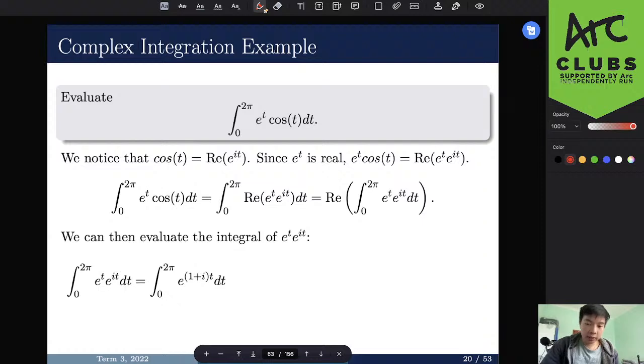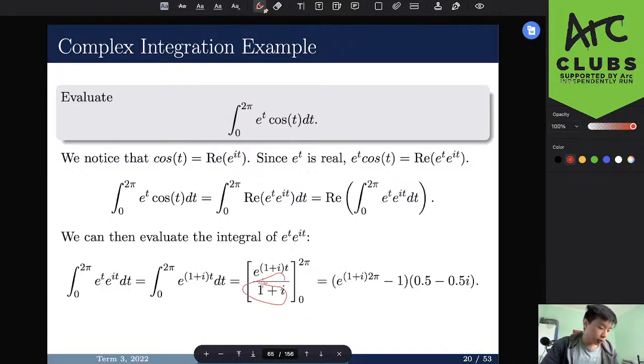So we have e to the (1 plus i) multiplied by t. And of course, we can treat 1 plus i as any other constant. So when we integrate, we just divide by 1 plus i. And then we have 0 and 2 pi to sub in. So what I did was I just transformed this denominator into this number right here. And we also subbed in 2 pi, and 1 minus 1.